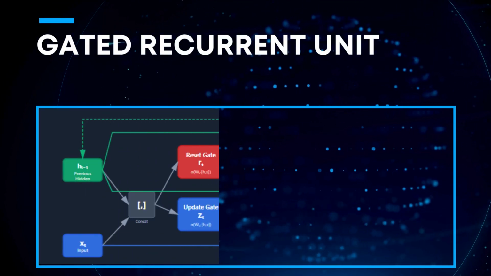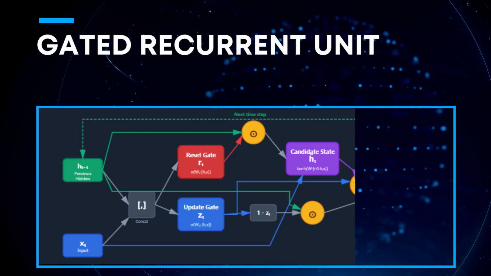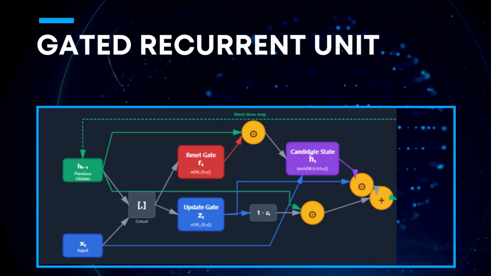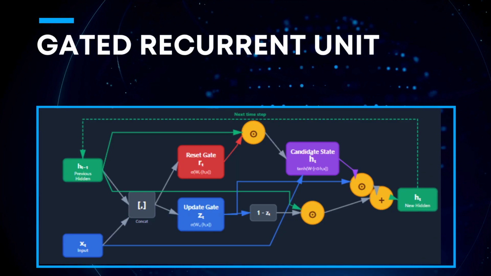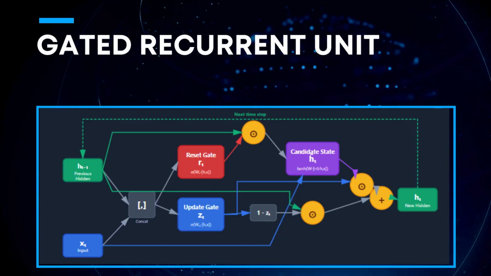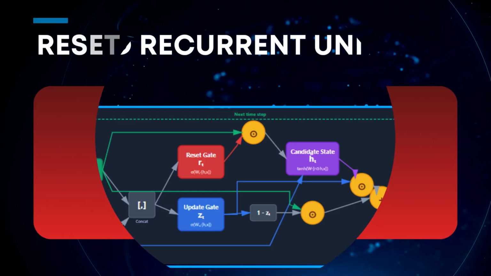GRUs use just two gates. 1. The update gate. This decides how much past information should be carried forward. 2. The reset gate. This decides how much of the past to forget. With these two simple gates, GRUs can manage memory just like LSTMs, but with fewer parameters.